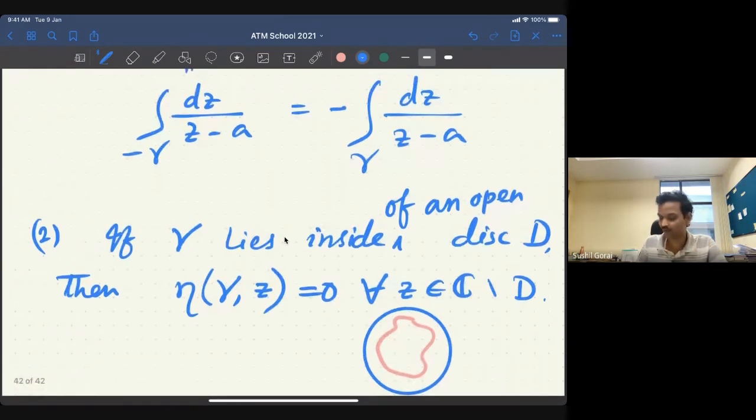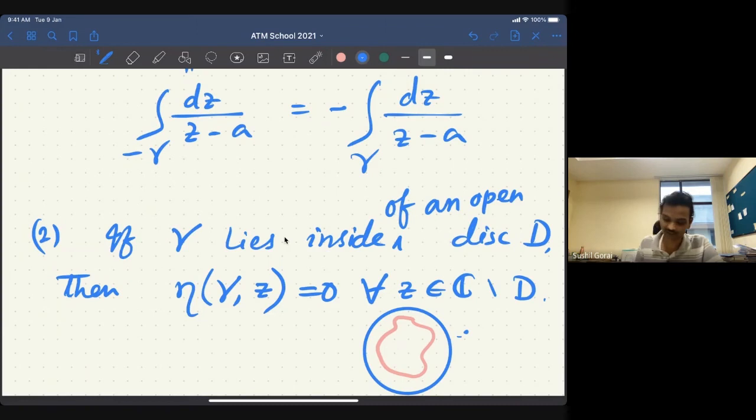You need to look at the complement, and this complement will contain infinity. There will be only one component. Gamma is closed and bounded, so it will not. So 1 over z minus z naught will be holomorphic if z naught lies outside.